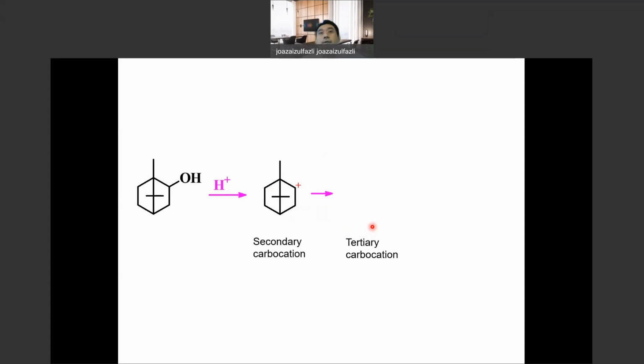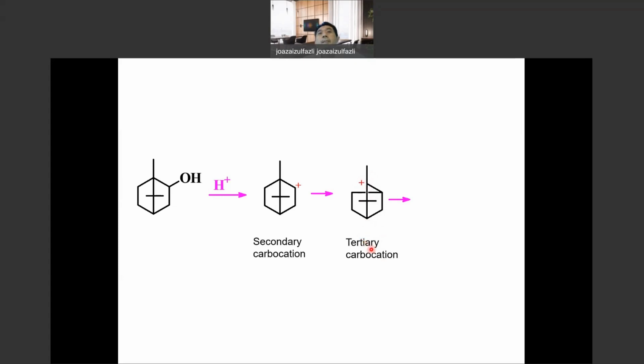In this case, this bond will break and attach to the carbon that lacks electrons, to form a new positive charge at the tertiary position.